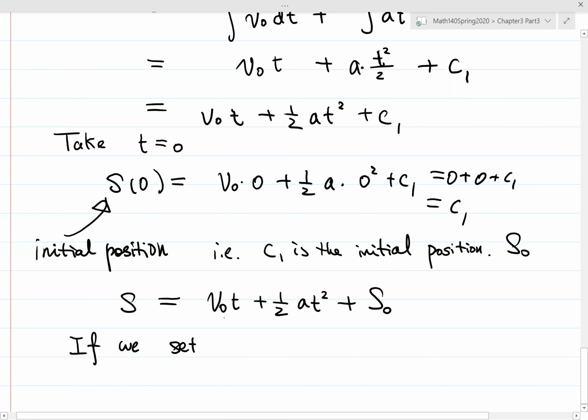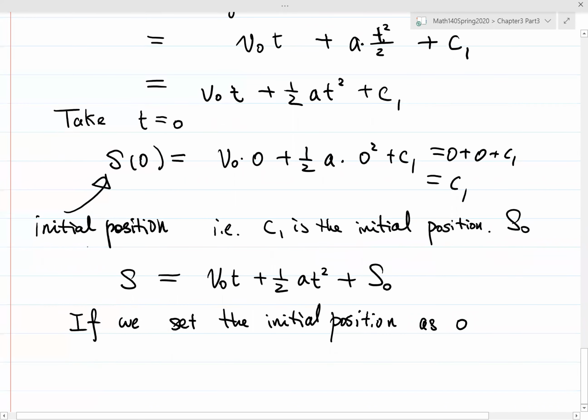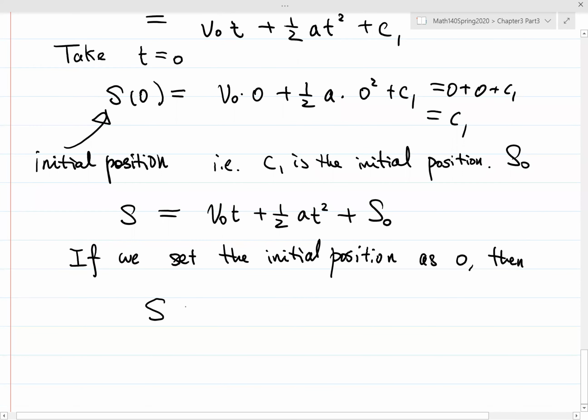set the initial position as 0, then we have the change of position, which is the displacement.